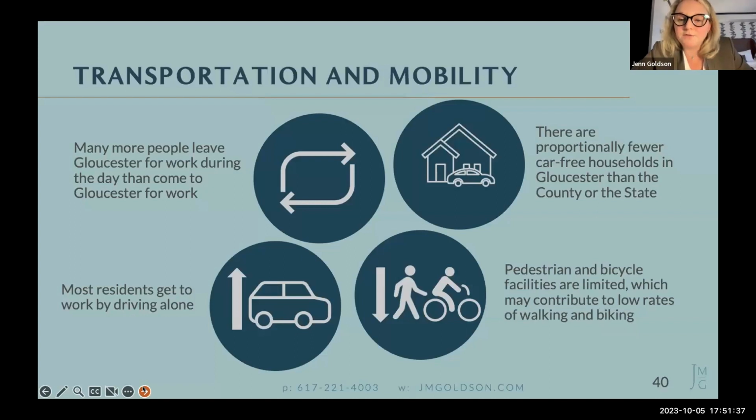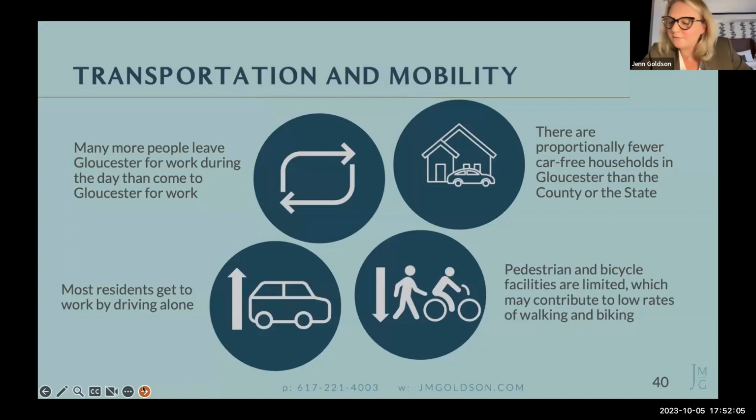There are proportionally fewer car-free households in Gloucester than in Essex County or in the state. And bicycle and pedestrian facilities are limited, which are likely contributing to lower rates of walking and biking being seen in Gloucester. And so Gloucester residents take transit to work 50% less than residents of other North Shore communities.